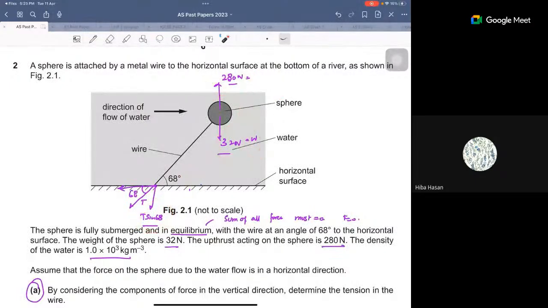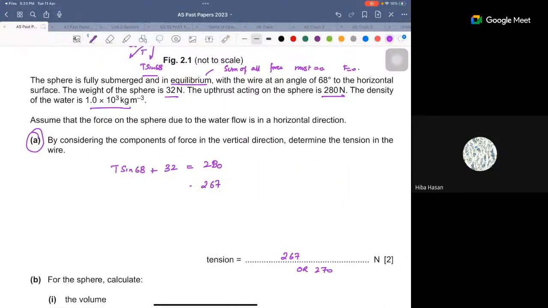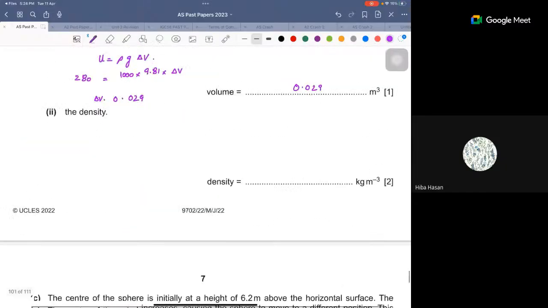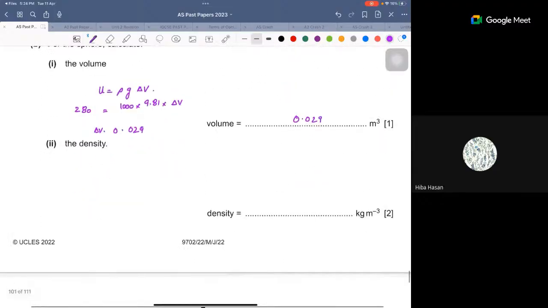Yes, sir. Because it is equilibrium. If this was accelerating or in any other motion like that, then I would have put it equal to a resultant force, and then F equals ma. Is it clear? Yes, sir. Thank you. Okay, good.